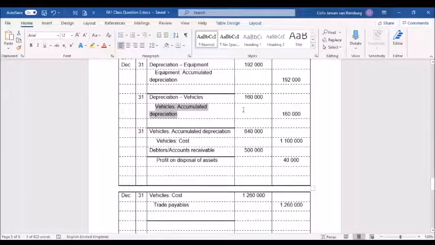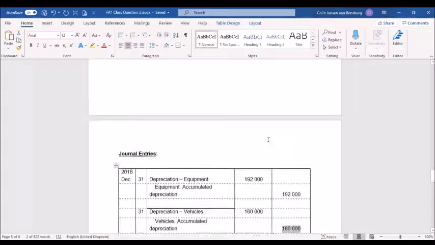So that means that depreciation is a movement during the course of the year that had an effect on the account that contains the accumulated depreciation on vehicles.